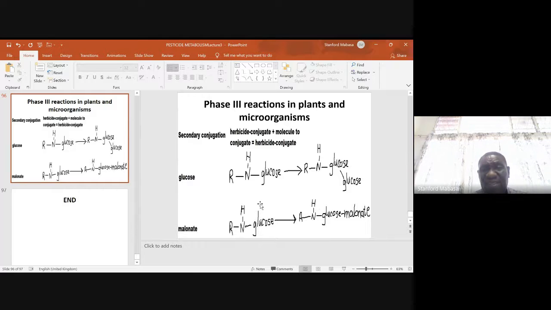So basically, these are some of the reactions which we are making. Where we have glucose added to the herbicide product, or we have malonate or malonate glucose added to this herbicide structure or pesticide structure.